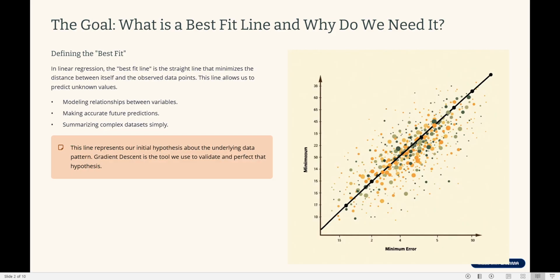Why do you need it? First is to model the relationship between variables.